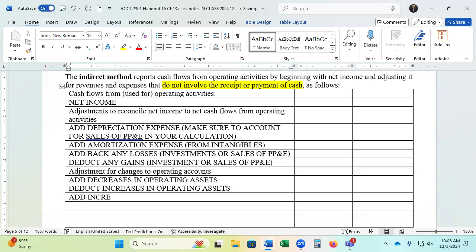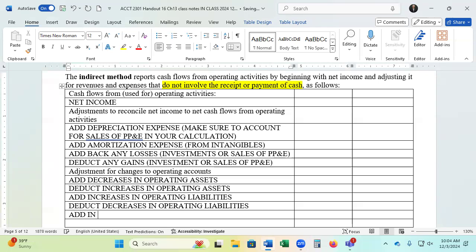You would add increases in operating liabilities. You would deduct decreases in operating liabilities.